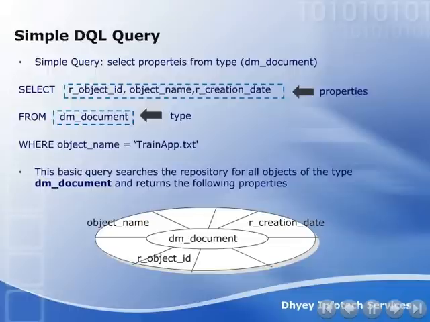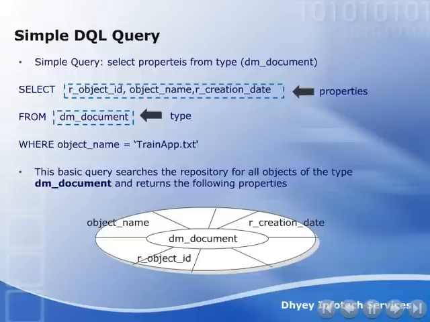This query will query the dm_document object type using the condition that the object name equals train app.txt. In the result, it will return r_object_id, object_name and r_creation_date of all the objects which match the condition specified in the where clause.